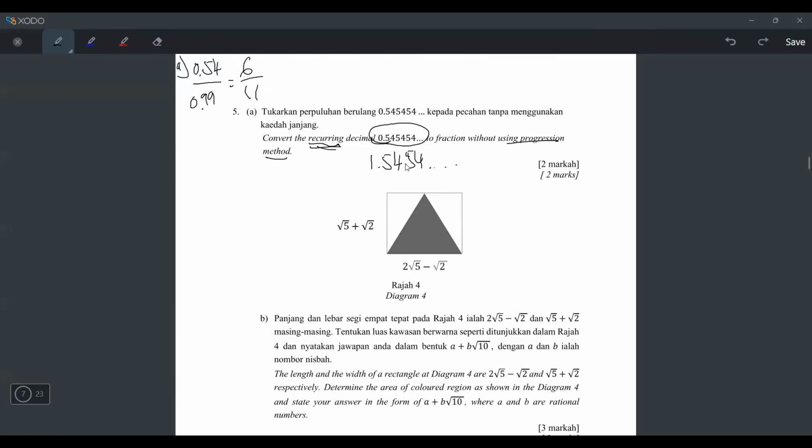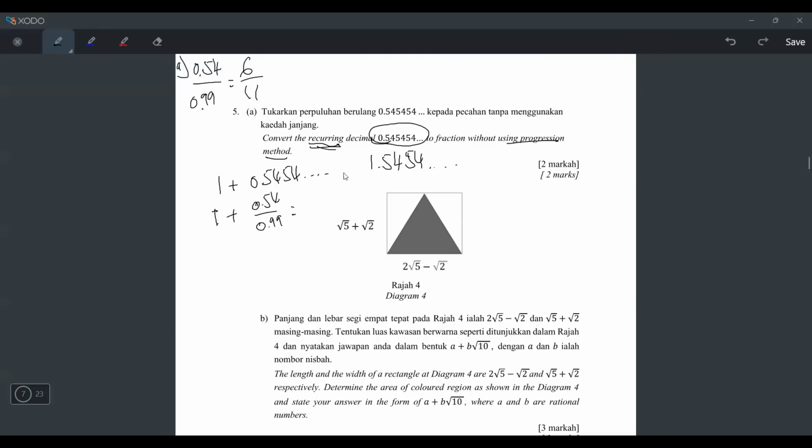If it's like that, then you will minus 1 first. Okay, no. You will be like this: 1 plus 0.545454, right? And then it will be 1 plus, and this one I want to convert, it will be 0.54 divided by 0.99, like that. It means the 1 you should take out first like this.